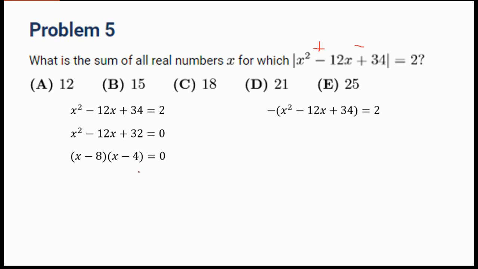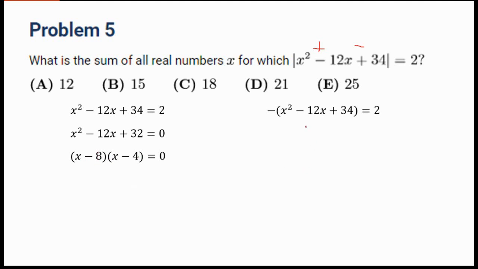Since the right-hand side is 0, either x minus 8 has to be 0, or x minus 4 has to be 0. This is why we needed to make the right-hand side 0. If x minus 8 is 0, then x is 8. If x minus 4 is 0, x is 4. There are two possibilities for x if the original expression was positive.